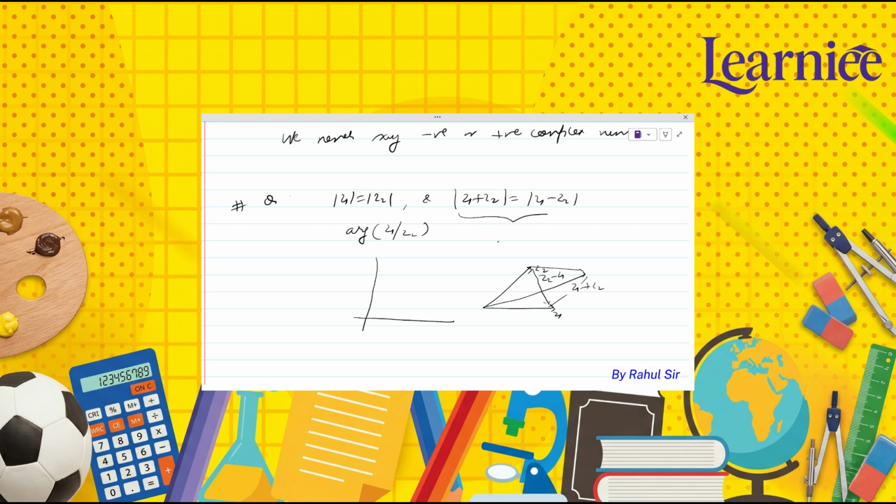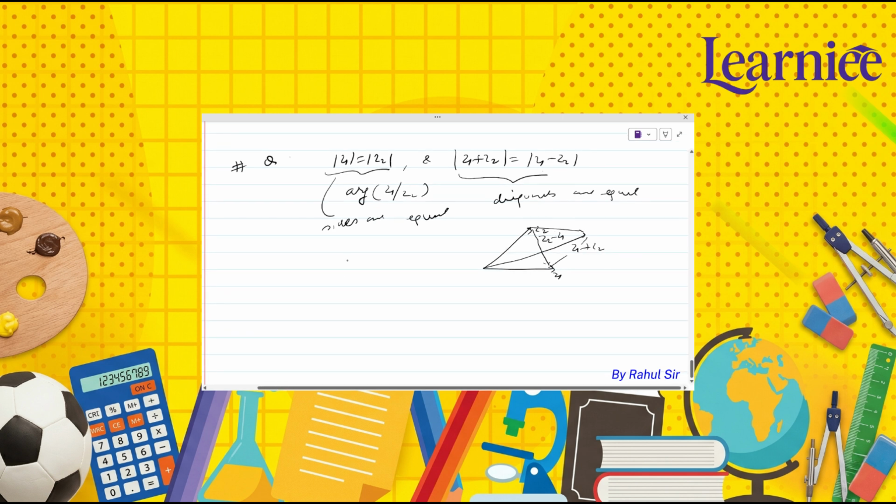It means the diagonals are equal, because these represent the diagonals. And what does this mean? This means the sides are equal. So diagonals are equal and sides are also equal. That means which kind of geometry is this? It is a square.